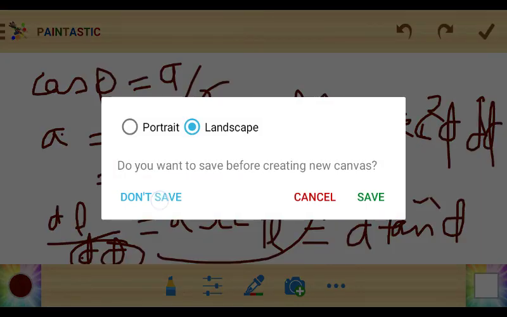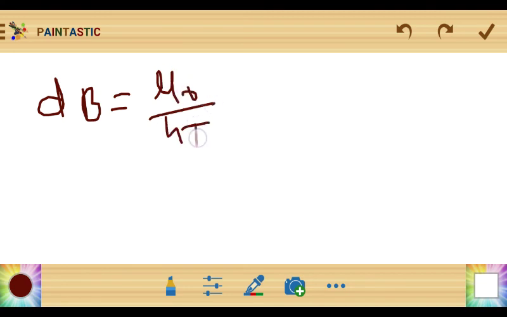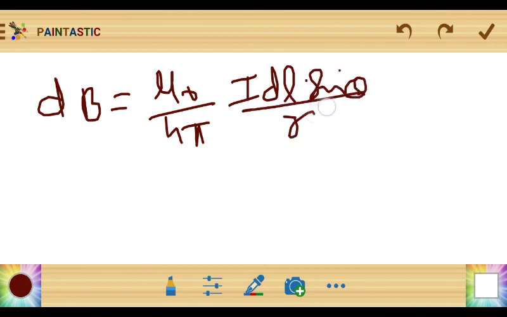So now after this, we'll come to our main problem. What was our dB? mu 0 upon 4 pi, if you remember, I dl sine theta upon r square. This is actually the equation for the magnetic field by a smaller section.